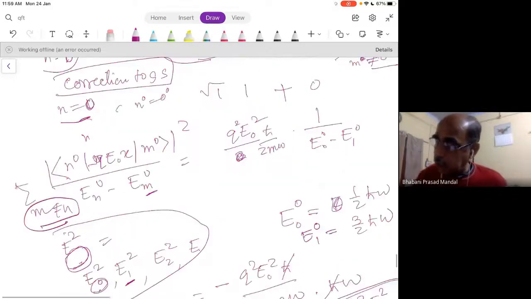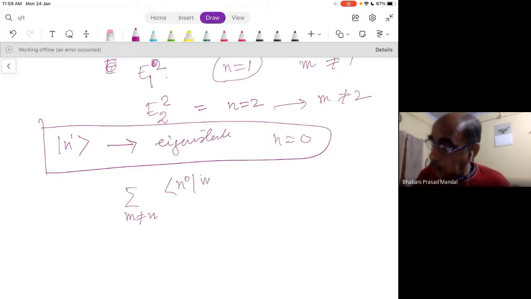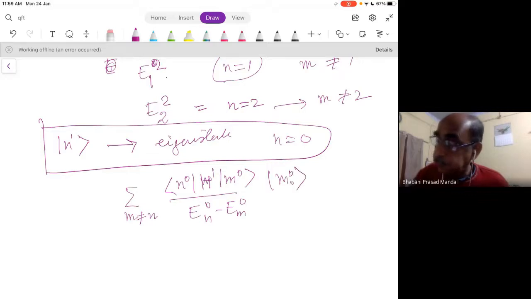So I'll tell you what to calculate. It is sum m not equal to n, then you have n0 h prime m0 over En0 minus Em0, and then m0, right? Okay, so this you have to calculate.